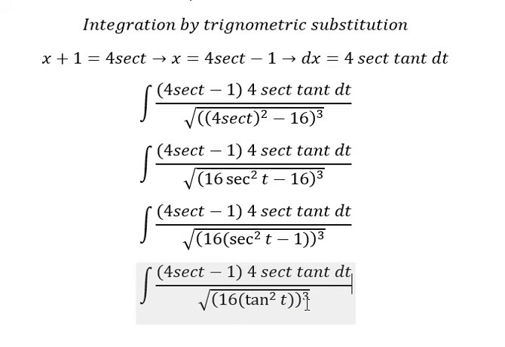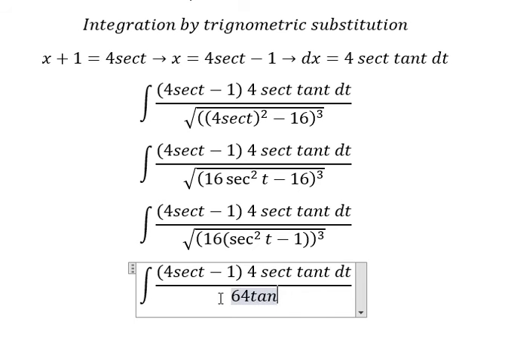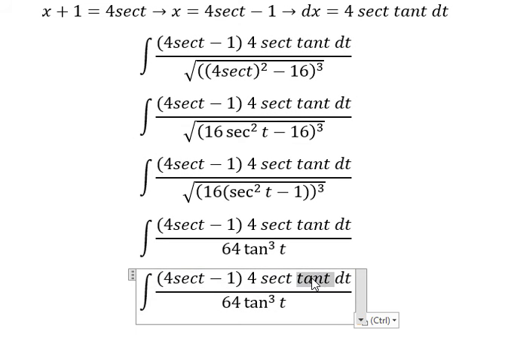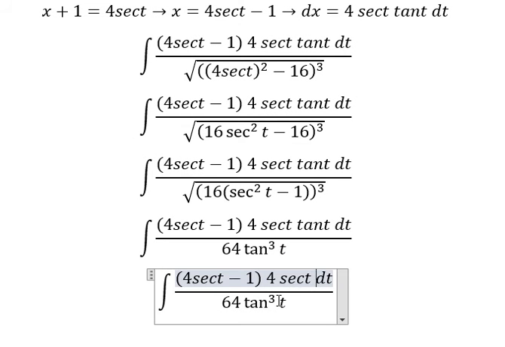The square root with the power 3, 16 tan t squared, we will have 64 tan t to the power of 3. We simplify. Number 4 with 64, we will have 1 over 16.